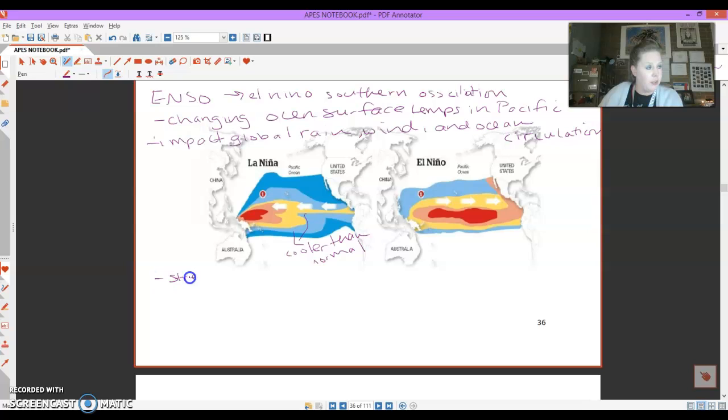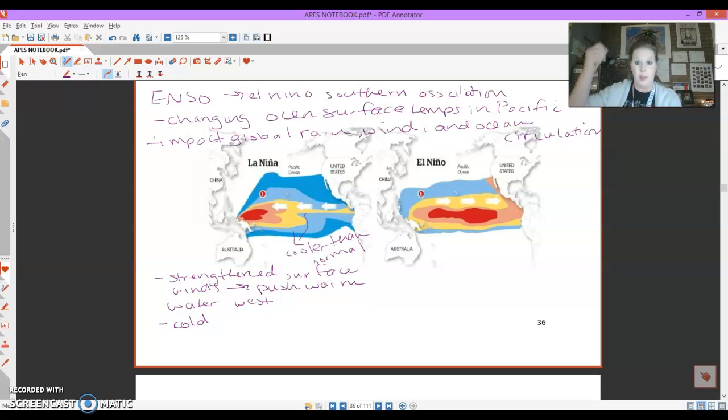All right, so this is what happens in a La Nina. We have strengthened surface winds, and what they do is they push warm water west. They're pushing it west. So what this allows to happen is cold water to come up.